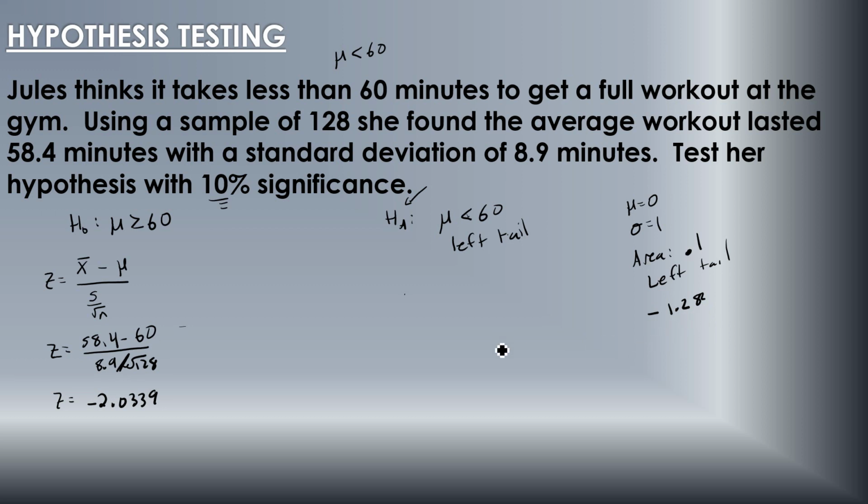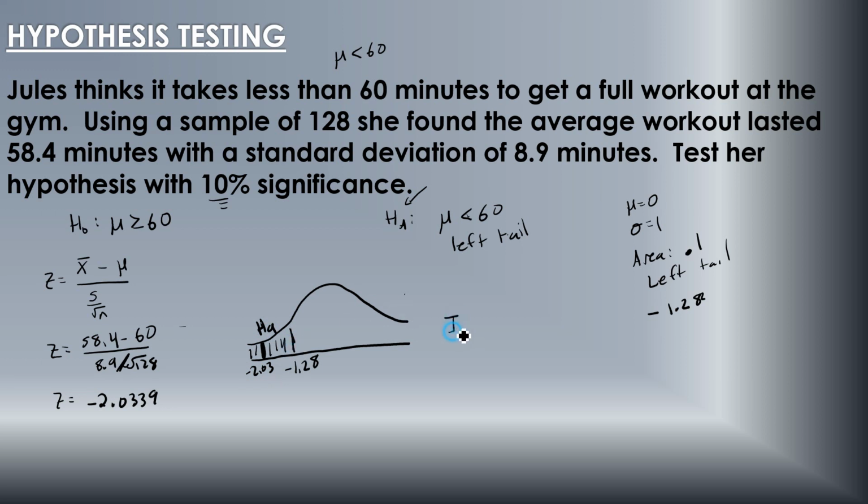Okay, so when we draw this, here's our sketch, and our critical region is over here. Here's negative 1.28. And our HA is right in here at negative 2.03. So it's inside the critical region.